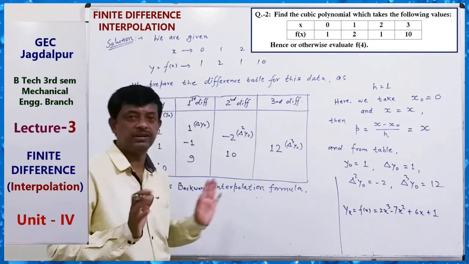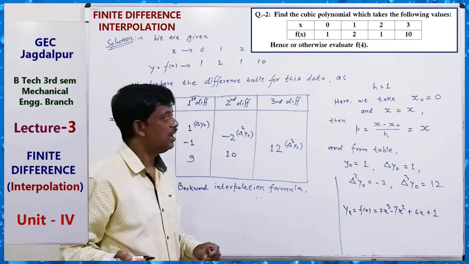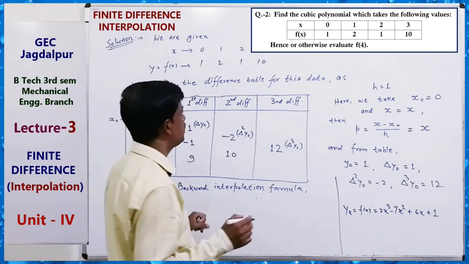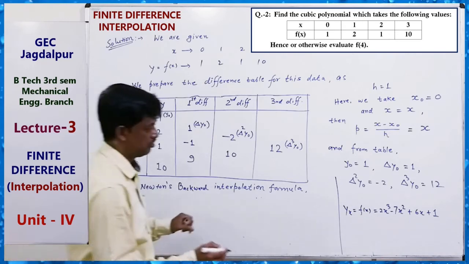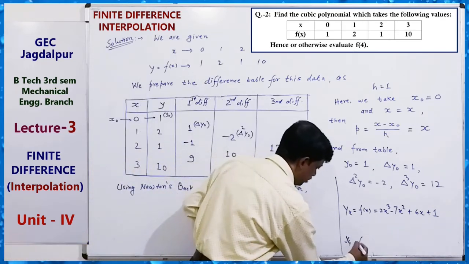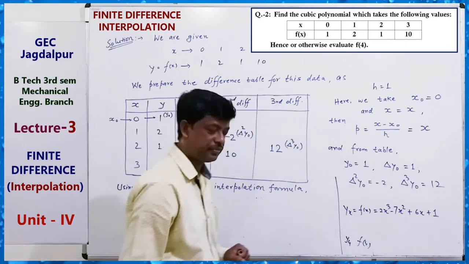If we use the backward interpolation formula for finding f4, f4 means y4.